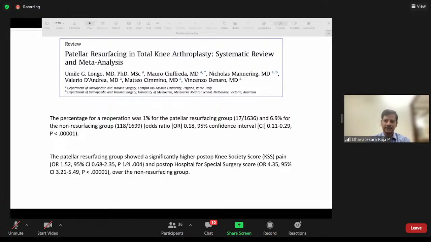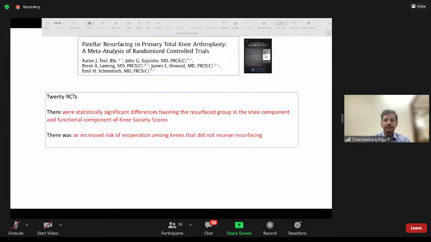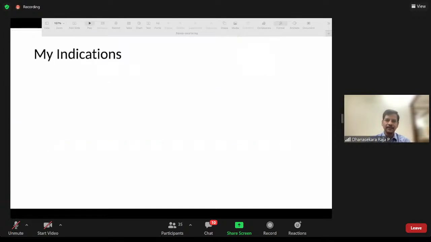Probably that has increased the number of secondary resurfacings in this non-resurfaced group. So again, in one more recent RCT, there was a statistically significant difference favoring the resurfaced group in the knee component and functional component of Knee Society scores. And there was increased risk of reoperation among knees which did not receive resurfacing.